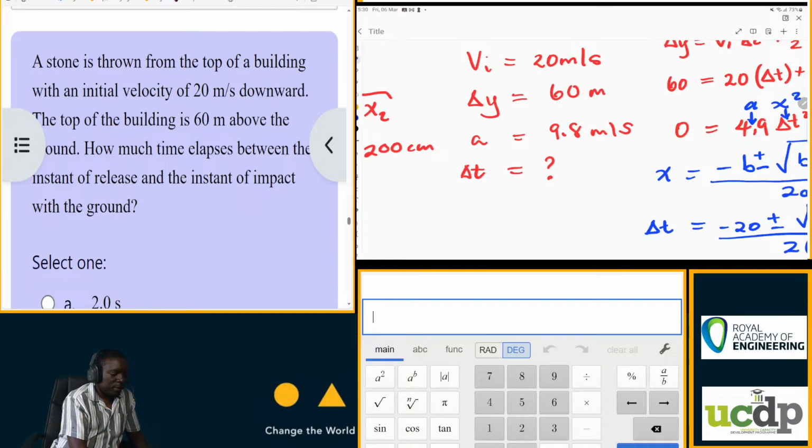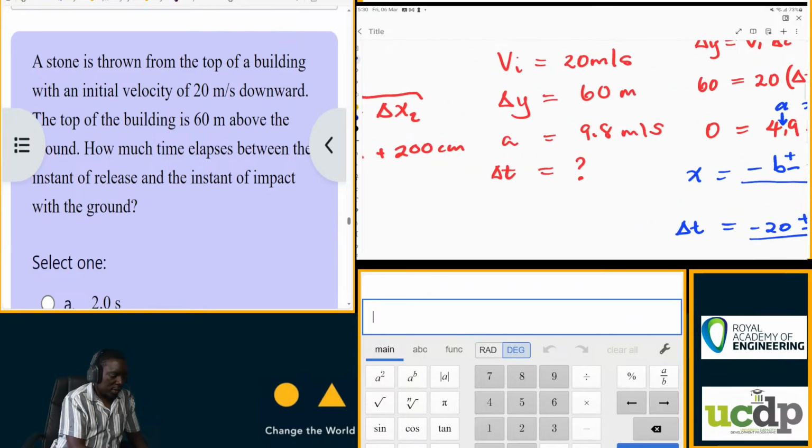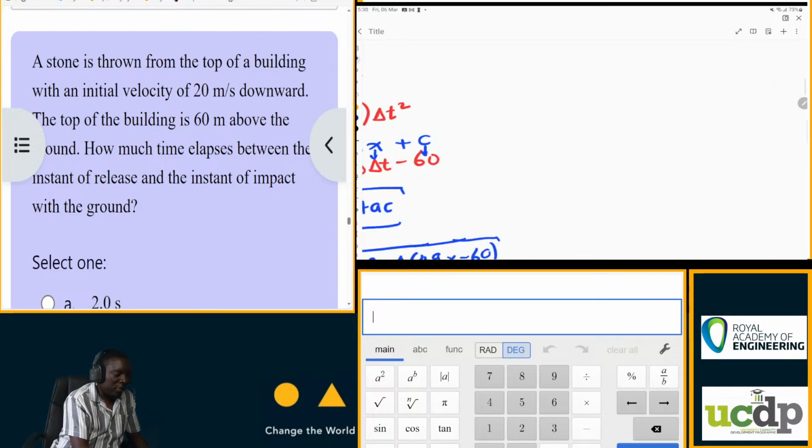Remember, you've got final velocity v equals u plus at, where delta t is what you want to find. Also, v squared equals u squared plus 2as. So from that, you can find your final velocity: v final squared equals v initial squared plus 2as.